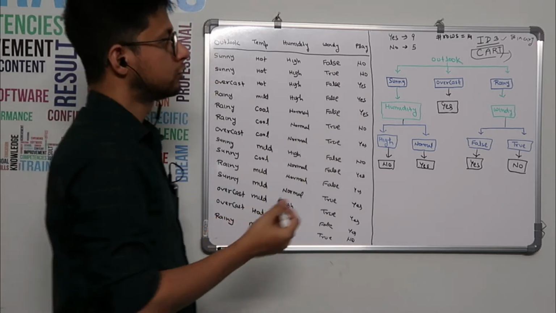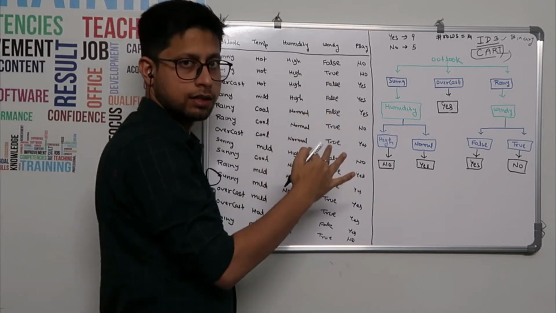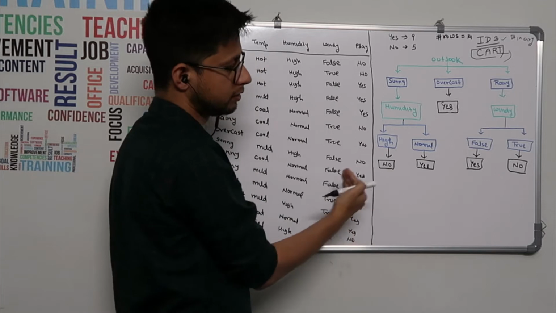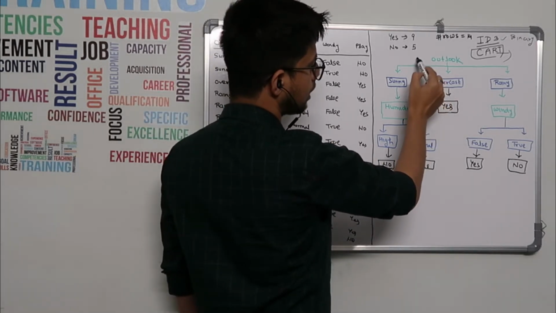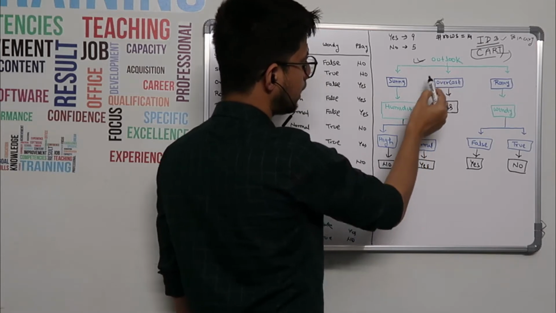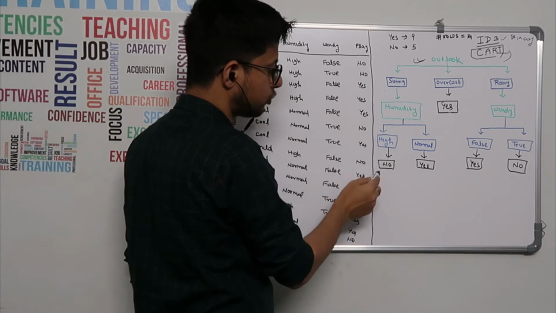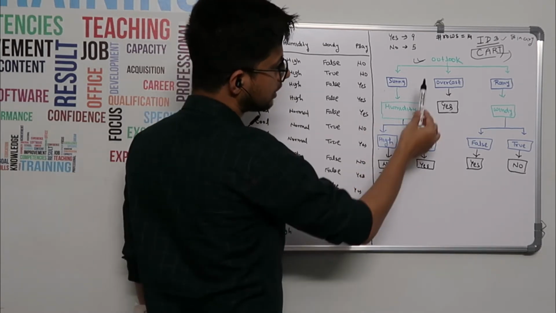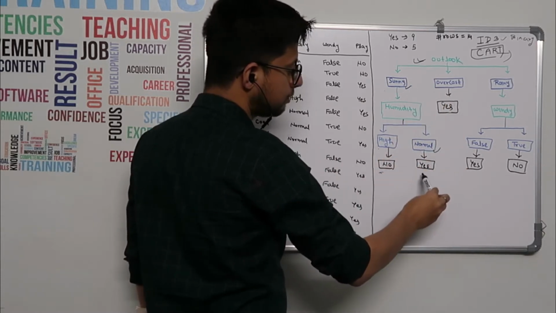Suppose for the time being we have applied certain logic and we got this decision tree. How do we interpret it? Suppose we start splitting on outlook and it is sunny, and if the humidity is high, then play won't happen. That's how we read the decision tree. If outlook is sunny and humidity is normal, then play will happen.